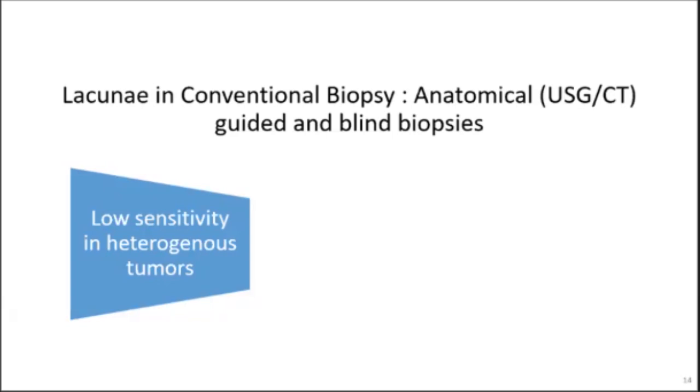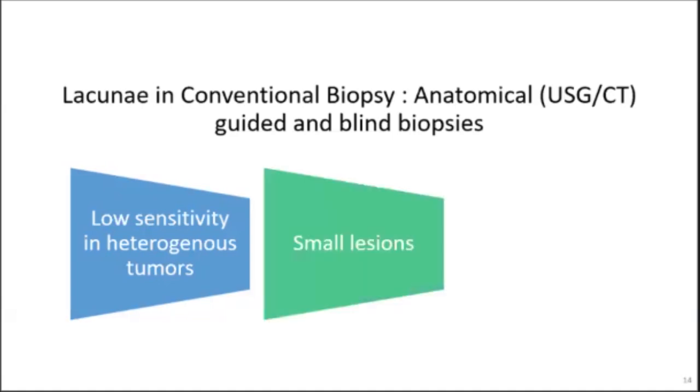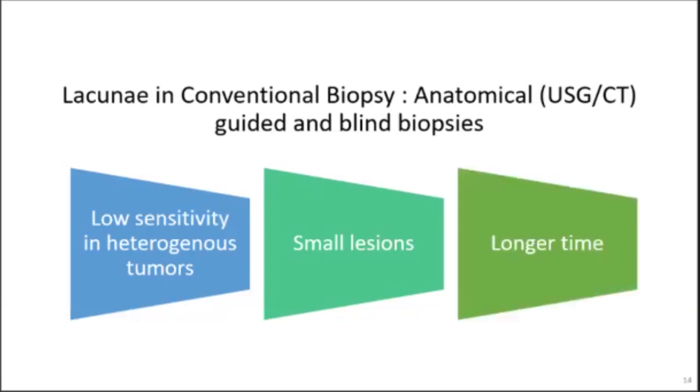Potentially, this leads to missing out of the lesions and therefore leading to false negative results. It has reduced sensitivity in small lesions or early stage lesions, especially those located in challenging or inaccessible areas. This leads to increased risk of sampling error. Longer time is another issue. In CT guided biopsy, due to multiple check CTs and slowly advancing the needle, it prolongs the time of the whole procedure.